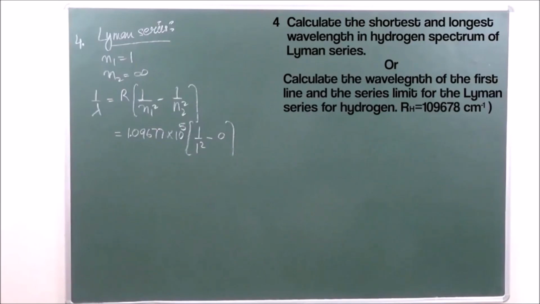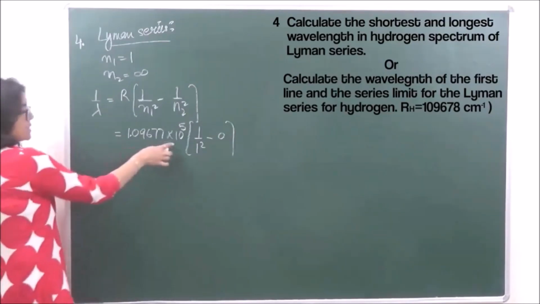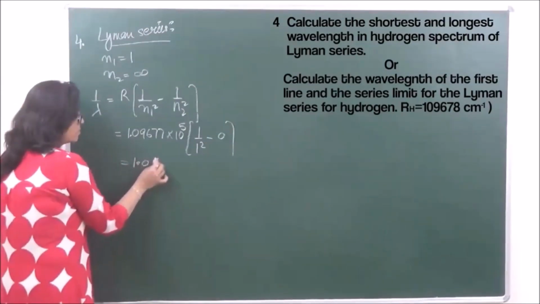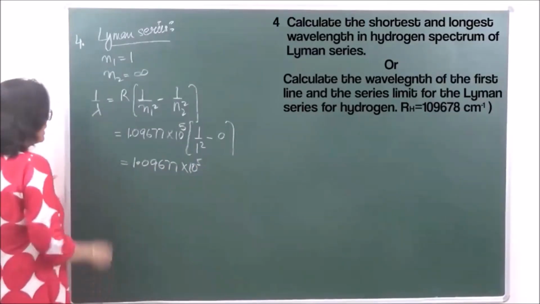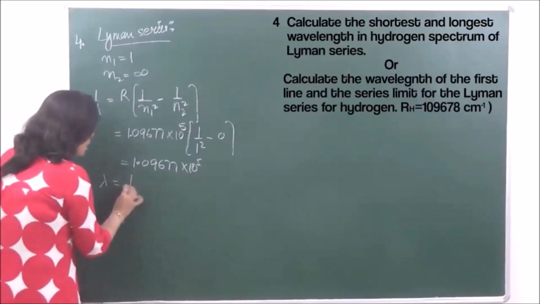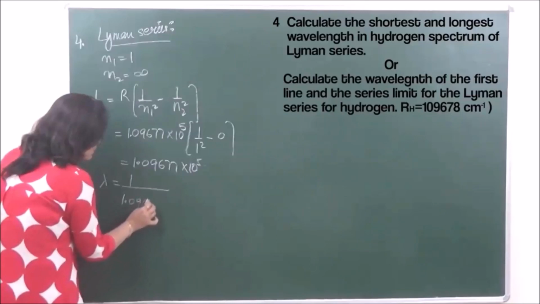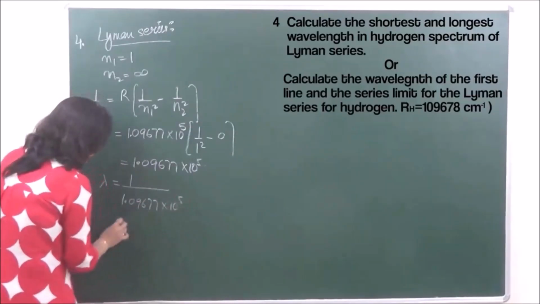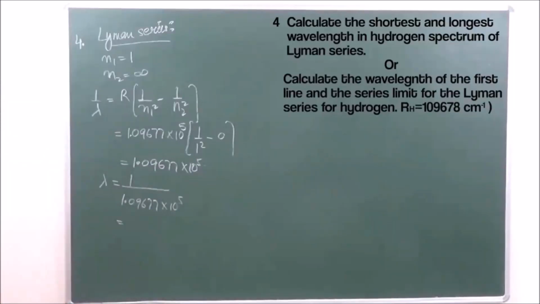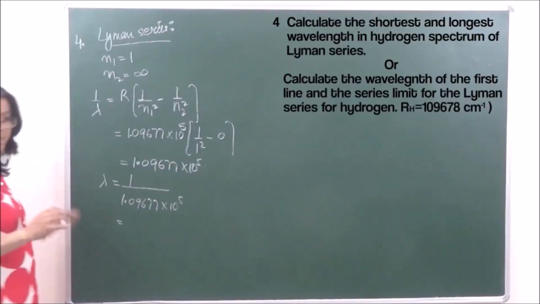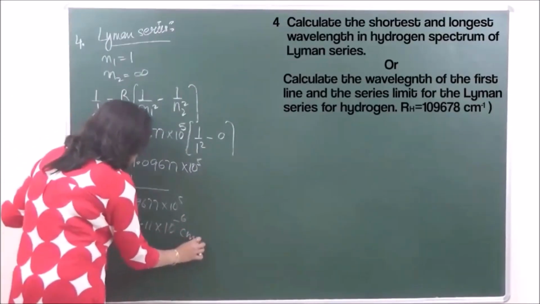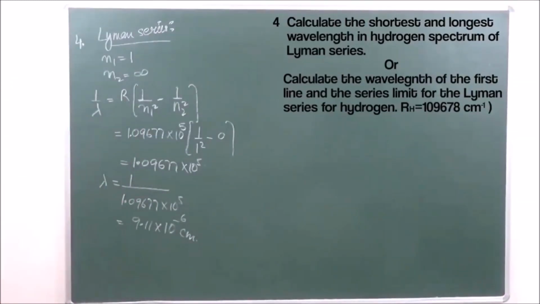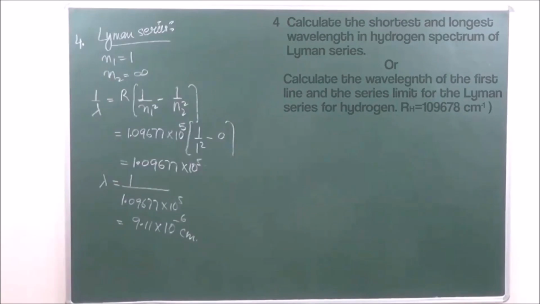So this is going to come as the same, into 10 raised to power 5. So lambda will be the reciprocal of this: 1 upon 1.09677 into 10 raised to power 5. When we calculate this, it comes to 9.11 into 10 raised to power minus 6 centimeter.